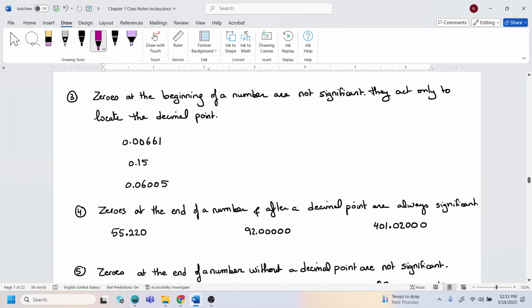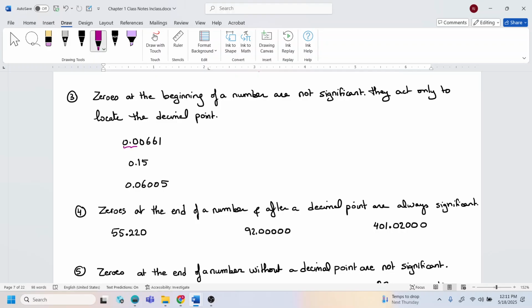Zeros at the beginning of the number are not significant, so these zeros in there are not significant. Whenever you're starting with a number, all the zeros before the number are not significant, so you do not count them in your measurements.